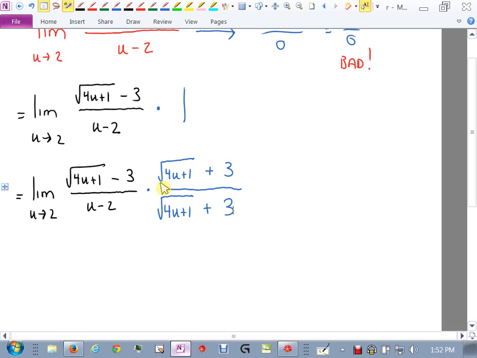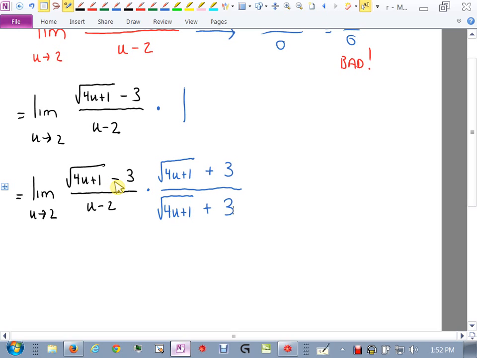Because I see a square root up here, and because I couldn't think of any other algebra to do, I'm going to introduce this conjugate. The conjugate is the part that has the square root in it. It's that same exact expression, changing the sign in between. Had that been a plus, I would have used a minus over there.